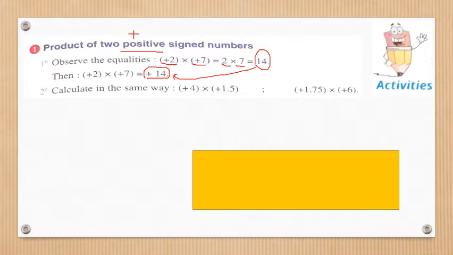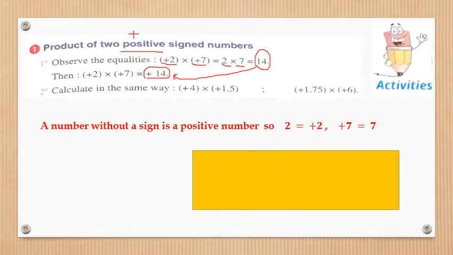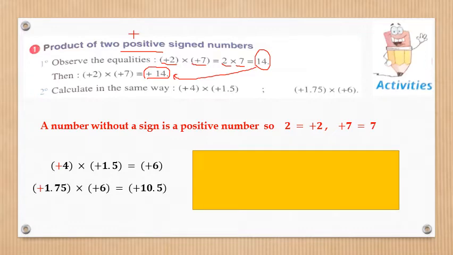In the same way, plus 4 times plus 1.5. Here, as we said, the number without a sign is a positive number, so 4 times 1.5 is 6.